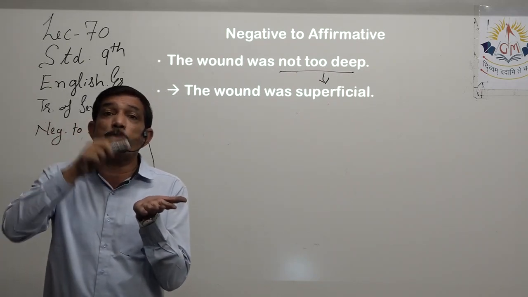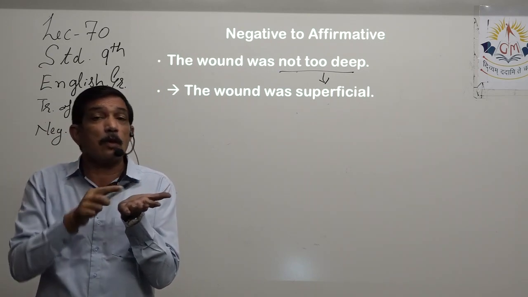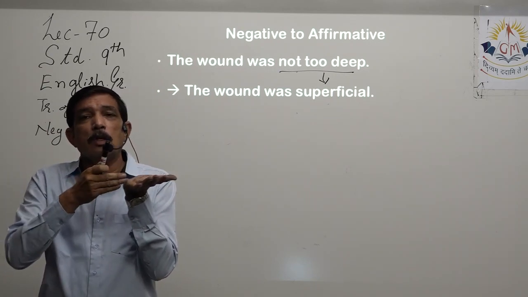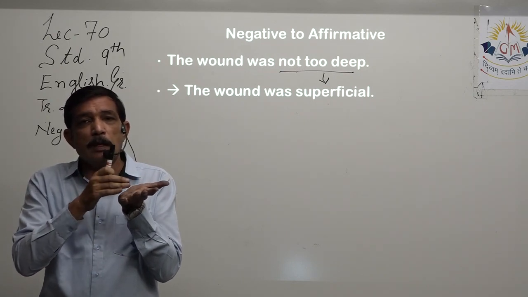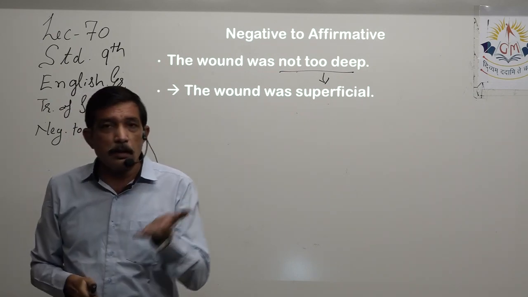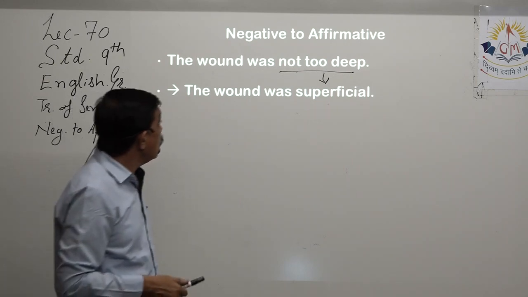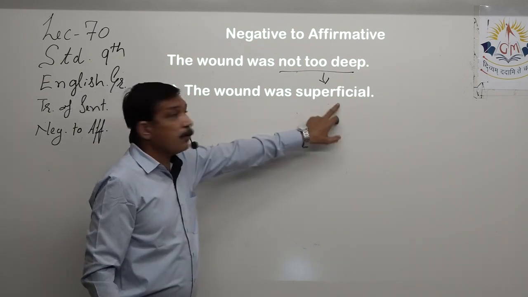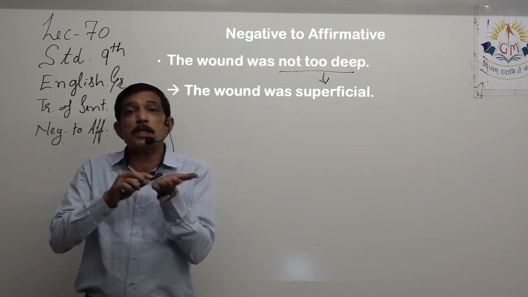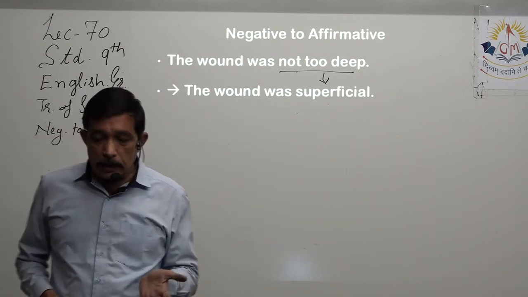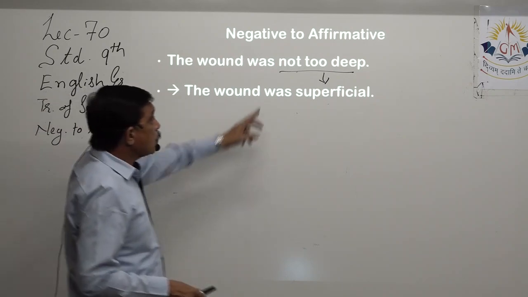It didn't go too deep, cutting down the muscles and all that. Blood would ooze out, but not that much. The hurt is not that much. So the special word for that wound is superficial, on the top only.